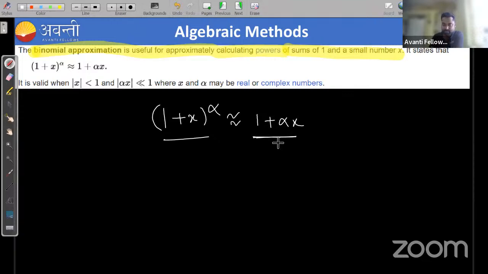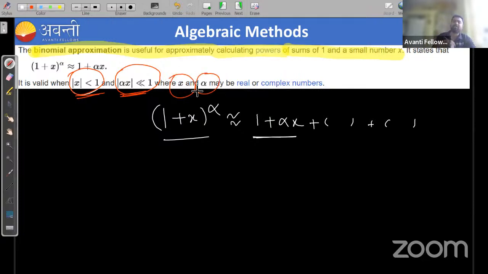So you can ask, sir, why are you neglecting all the other terms in the binomial expansion? Because if I put the other terms here also, they will be negligible when mod x is less than 1, or mod of alpha x is less than 1. x and alpha may be real or complex, but we'll consider only the real case.